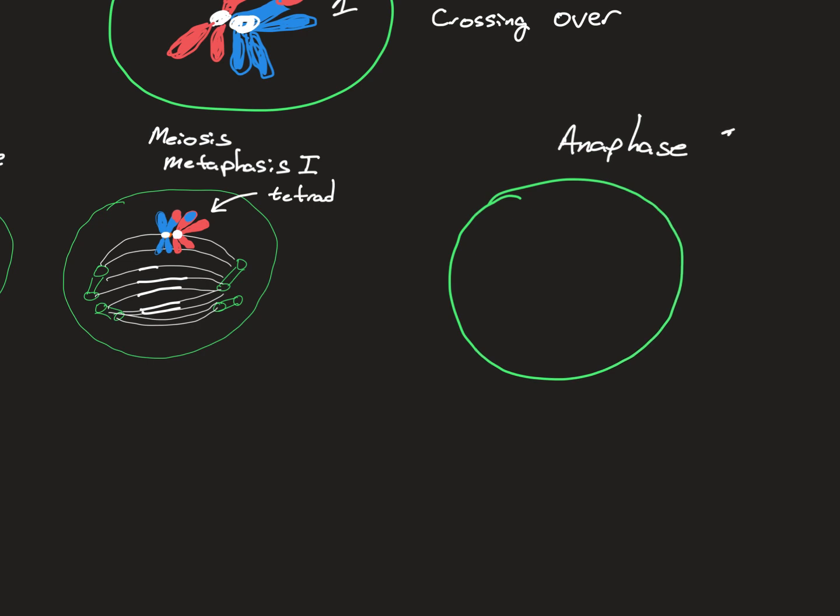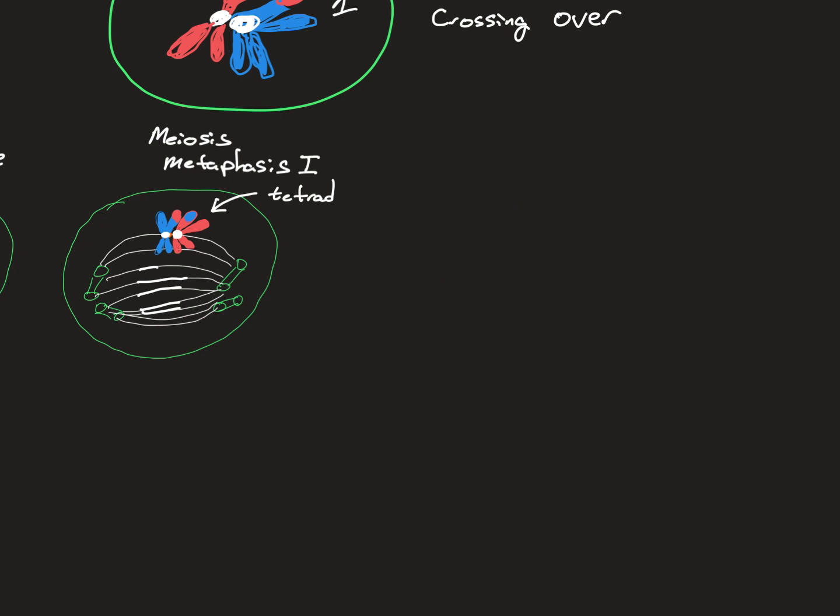And again, pretty much those were the big differences between meiosis and mitosis, because now here's another big difference between meiosis and mitosis. In mitosis, you separated the sister chromatids in anaphase.